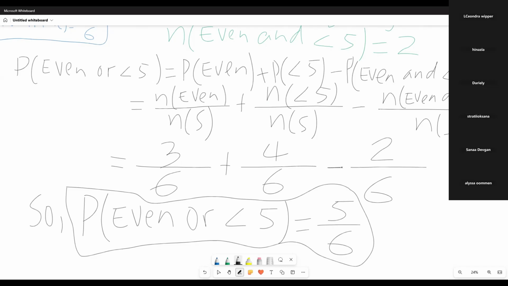That's why I put the minus sign here. Otherwise, you will be in big trouble. So you need to find the intersection of the two events, which is 2 over 6. Is this clear? Yes. Okay, good.